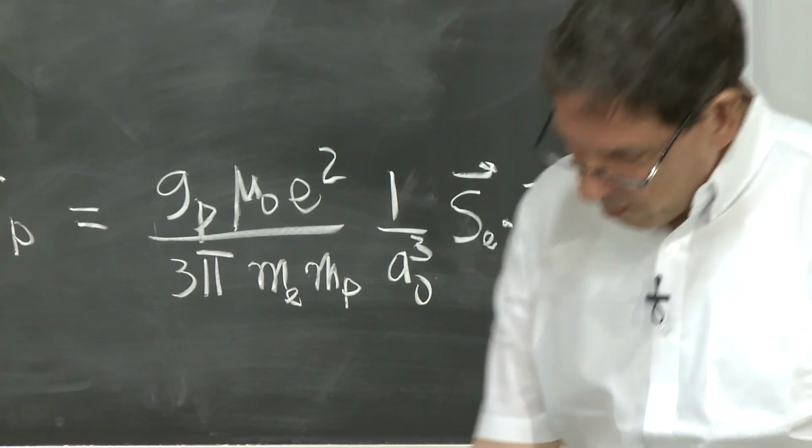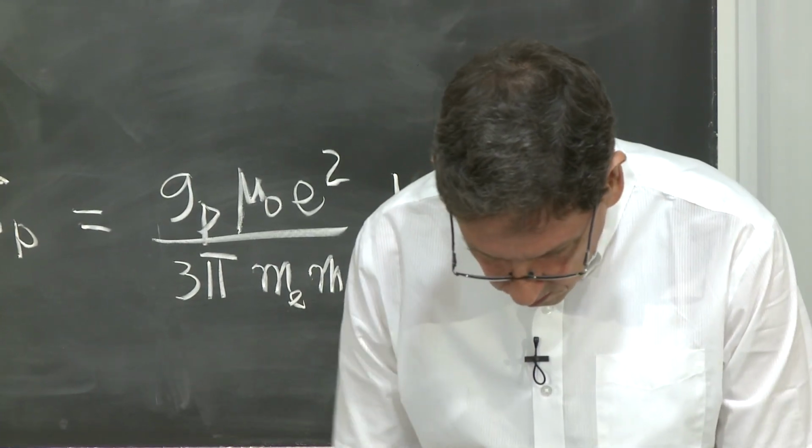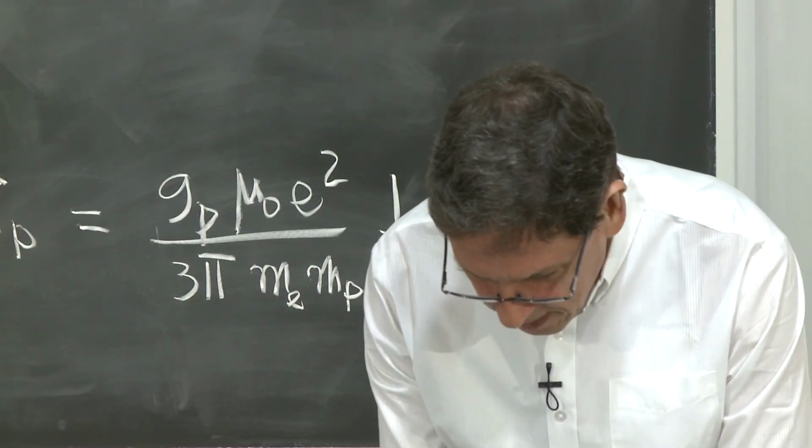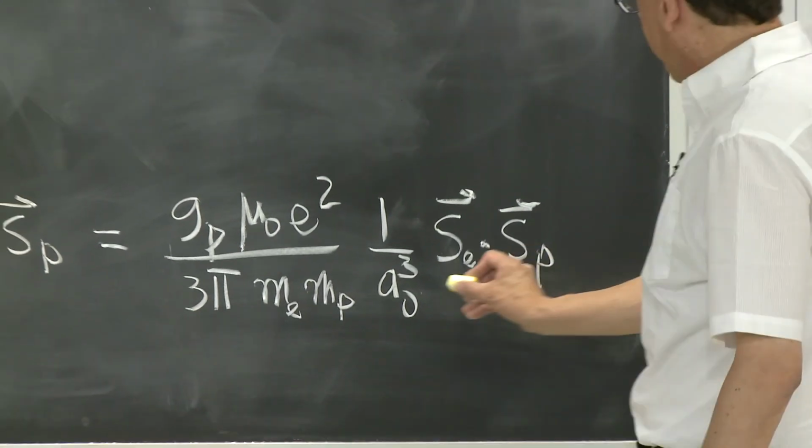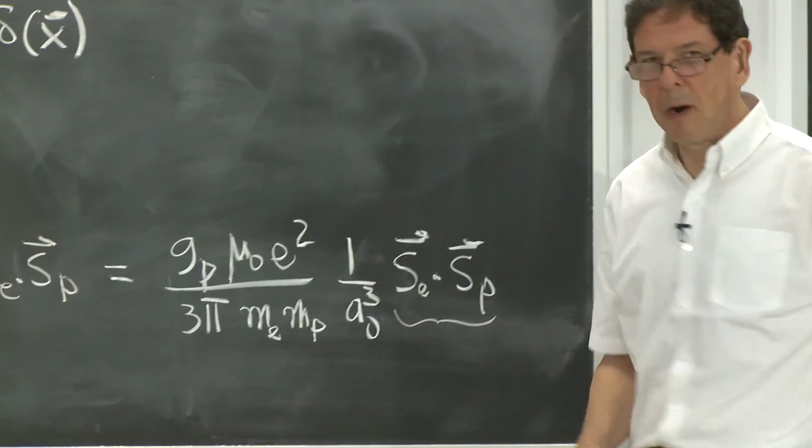Okay, so we have our operators ready. So what comes next? We have to understand this part, the product of spins.